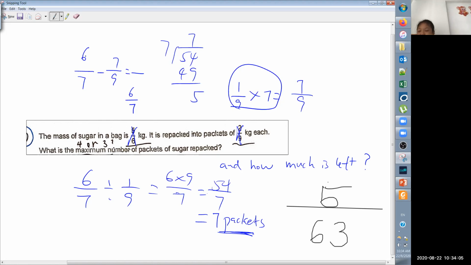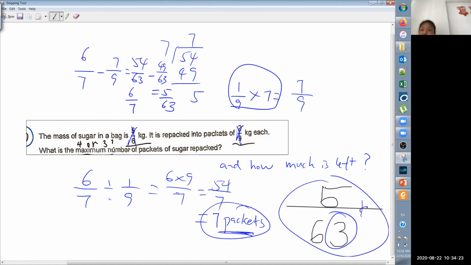This is 6 times 9 is 54, 63, and then this is 49, 63. Yeah, 5/63. It should be 63. Okay, so it's 7 packets and 5/63 kg left. All right.